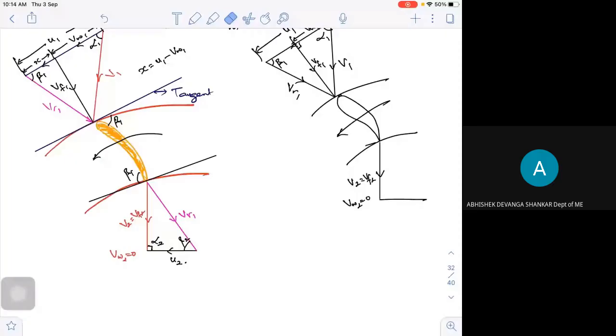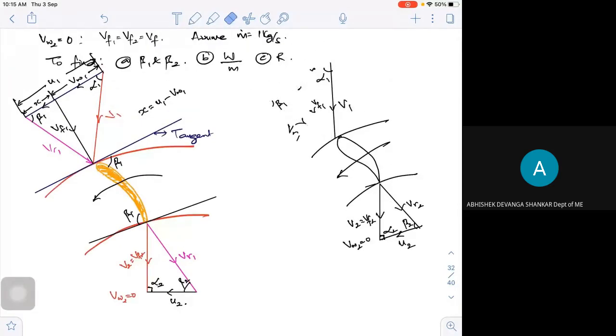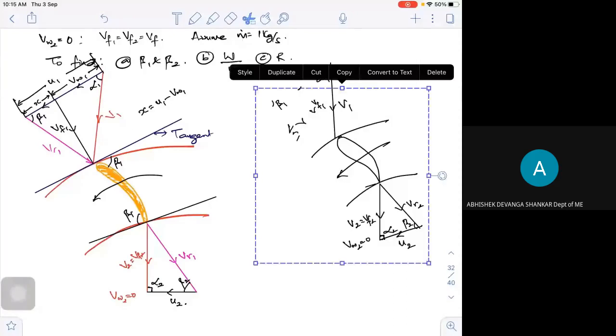So I should be able to draw U2 in this direction, very precise, then close it with your VR2. This is your beta 2. This is perpendicular, alpha 2. This is how you are supposed to draw. First and foremost, you have to draw the velocity triangle before you proceed with solving the numericals. Is that clear?